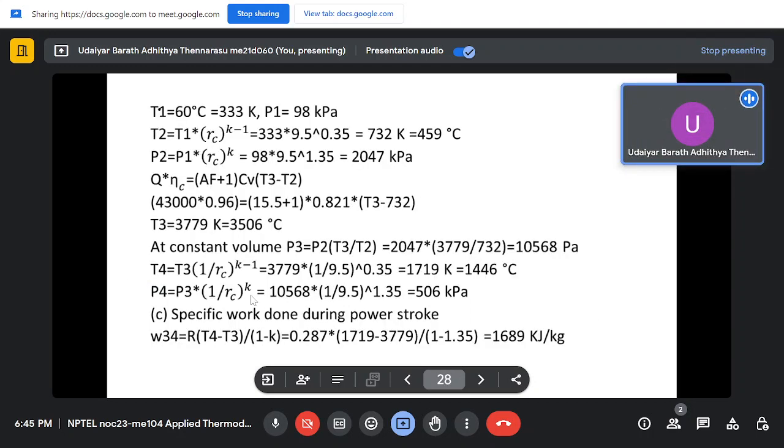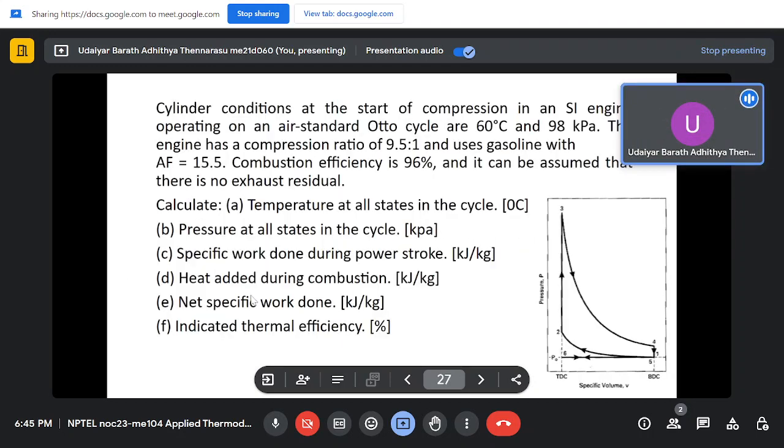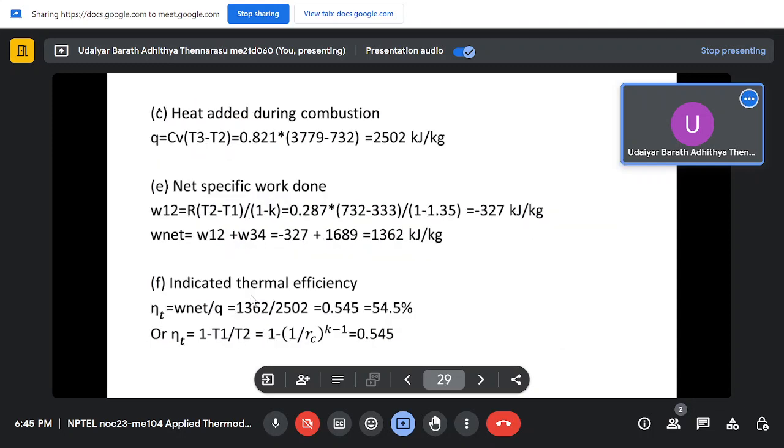The next question is to find out the indicated thermal efficiency. We have already calculated the specific net work, and the specific heat added is also known, so we can straight away take a ratio of it. W net by Q is 1362 by 2502, which gives us 54.5%.